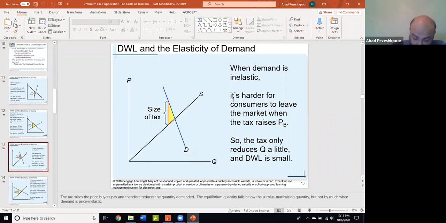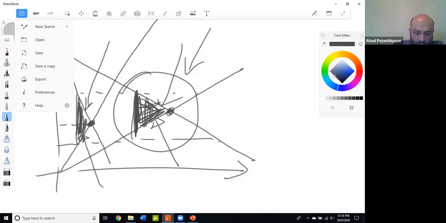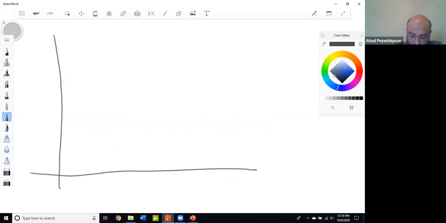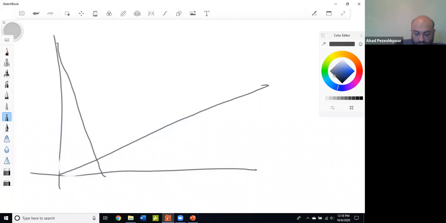Sometimes, in fact most times, you may have elastic supply and inelastic demand. So, let me make it more obvious. This would be your supply curve. Well, this is your demand curve. For example, for some luxury good, let's say the luxury boat market.